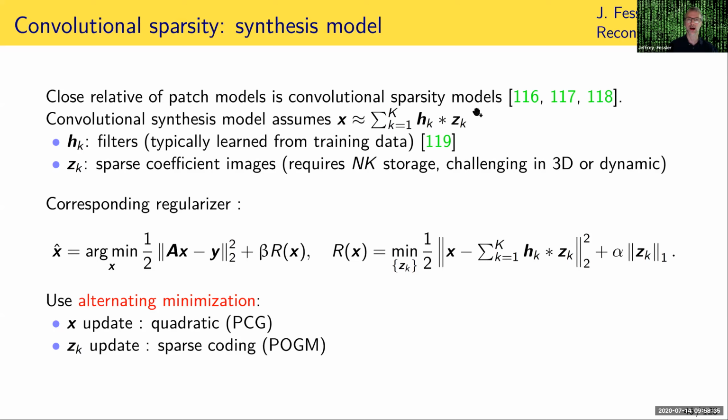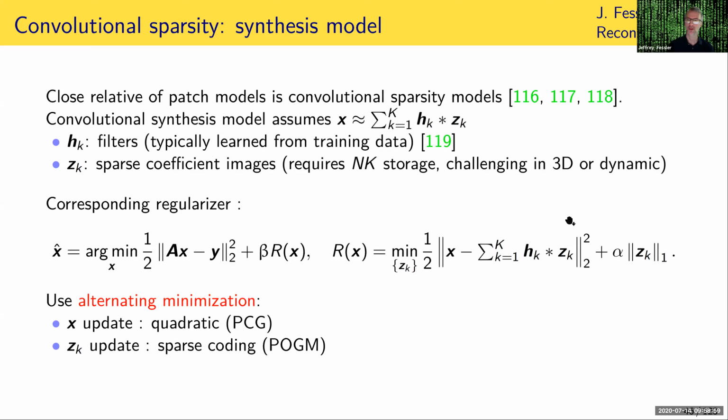We might need a lot of these sparse coefficient images, but let's just go with it for a moment. If you believe in that model, then the natural regularizer is one that measures how well the candidate image agrees with being expressible as a linear combination of filtered versions of some sparse images, where we measure the sparsity with the 1 norm.